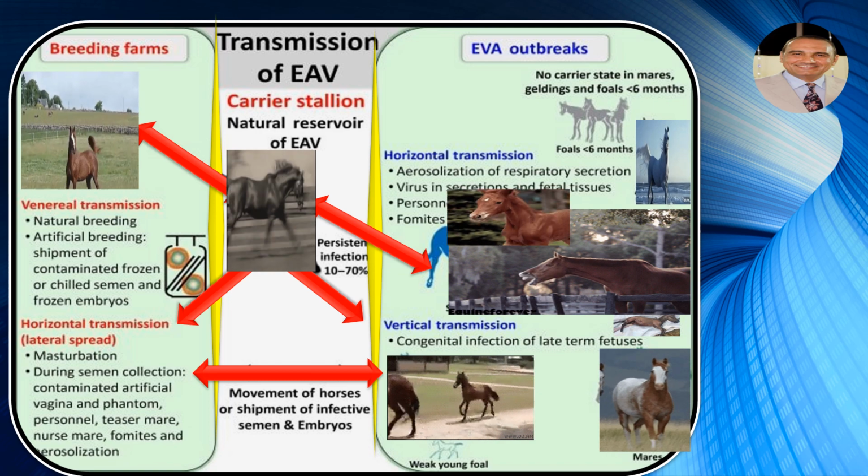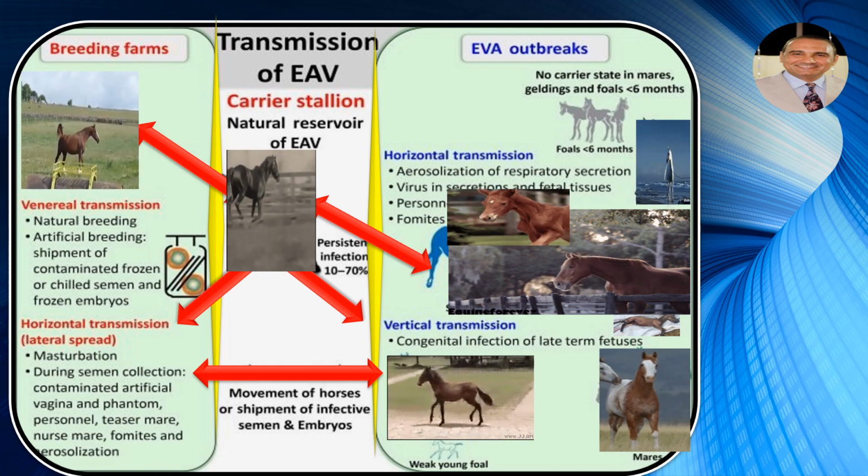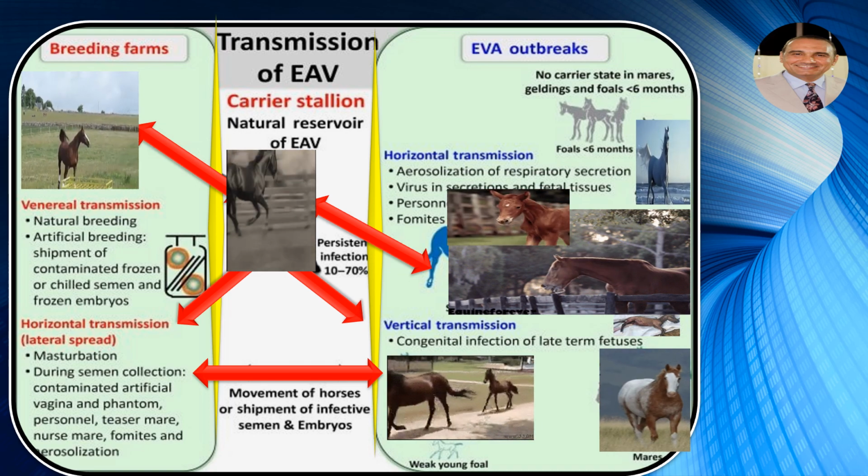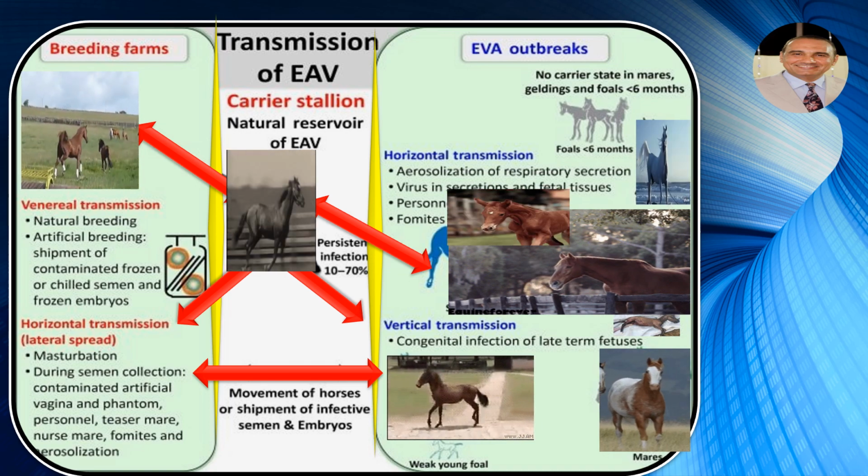In equine viral arteritis outbreaks, no carrier status is found between mares or geldings and foals less than 6 months.